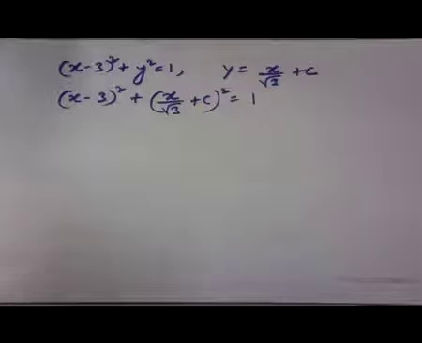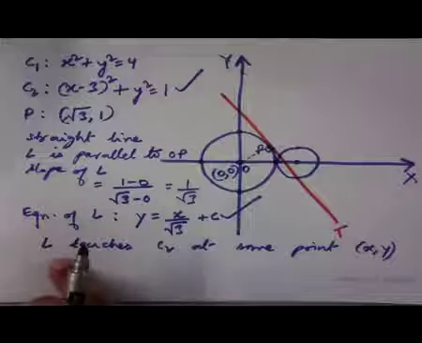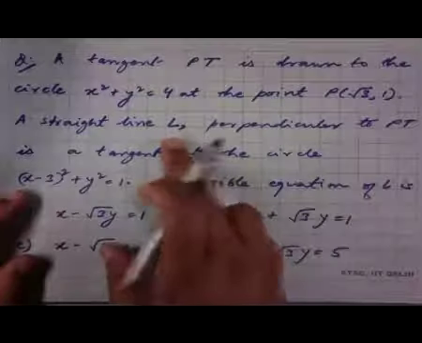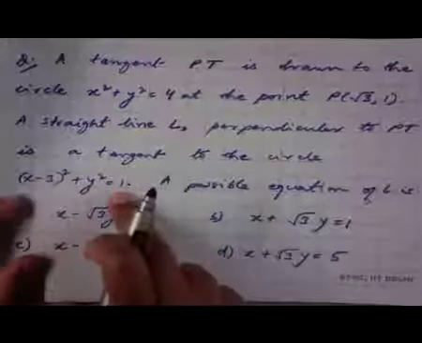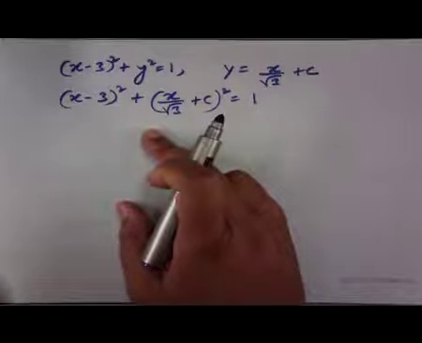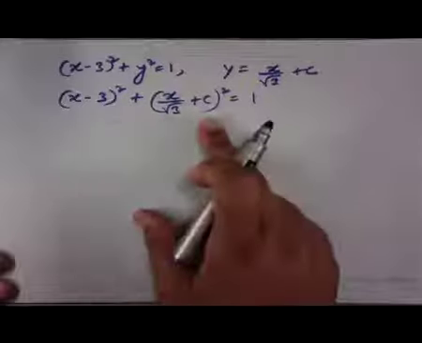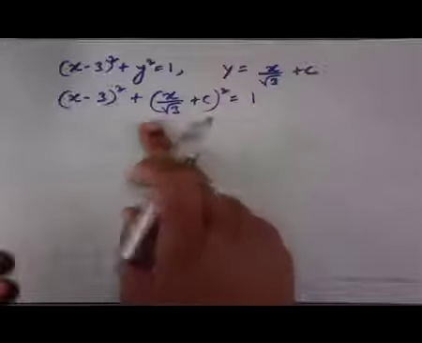Now, in the question it is said that L must actually be a tangent to this circle C2. So, if L is a tangent to this circle C2, then there should be only one point of intersection between the straight line L and C2, which means that there should be only one solution of this equation. If you see here, this equation is quadratic in x.